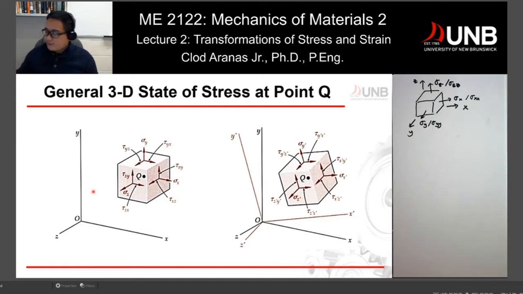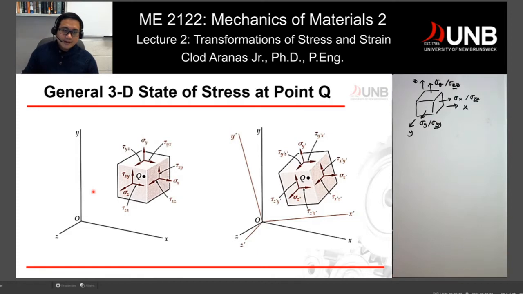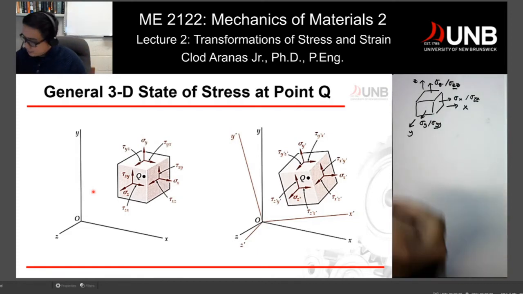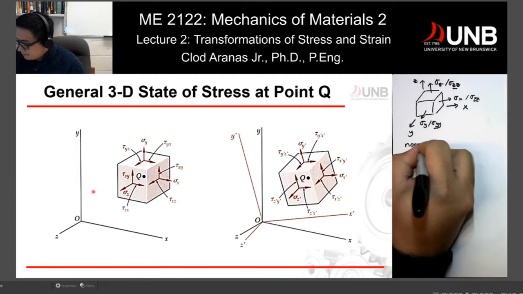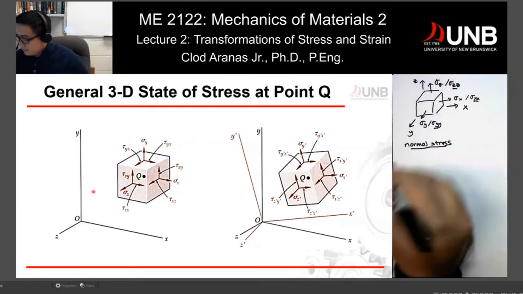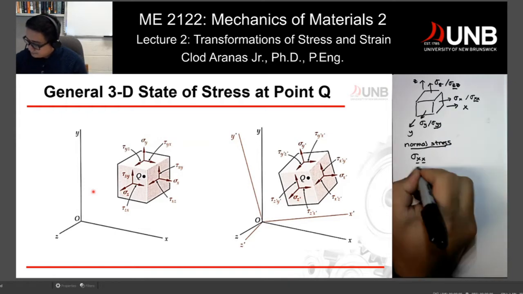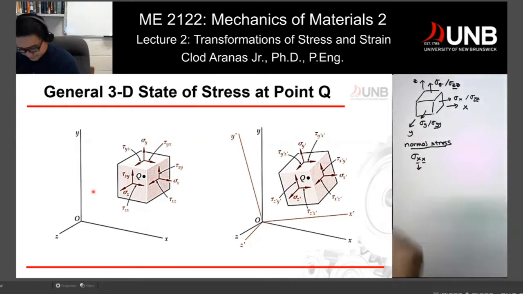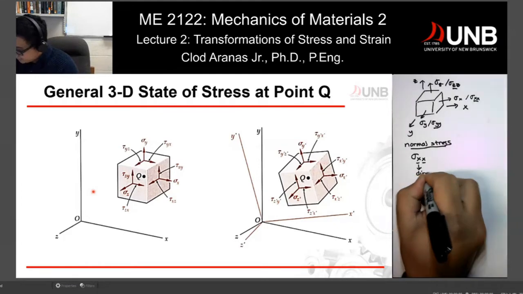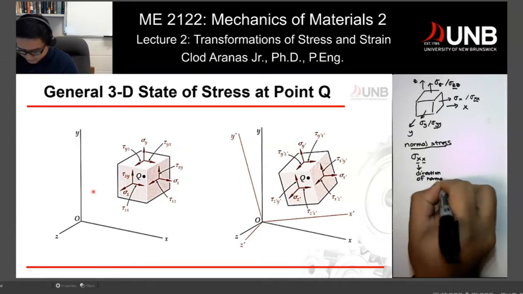For the formal naming convention, we usually use two different letters, so what do those letters mean? Our example here is sigma XX. The first X is the direction of the normal to the plane.